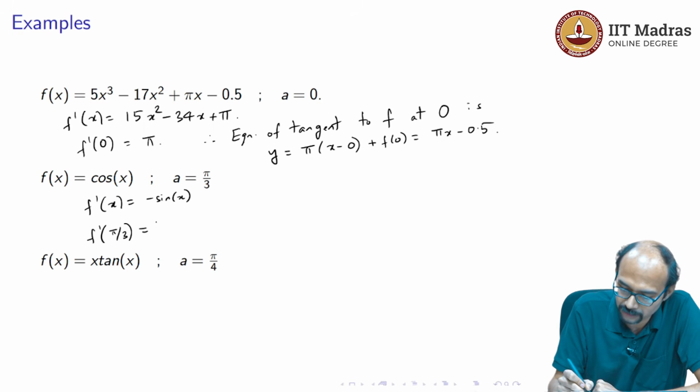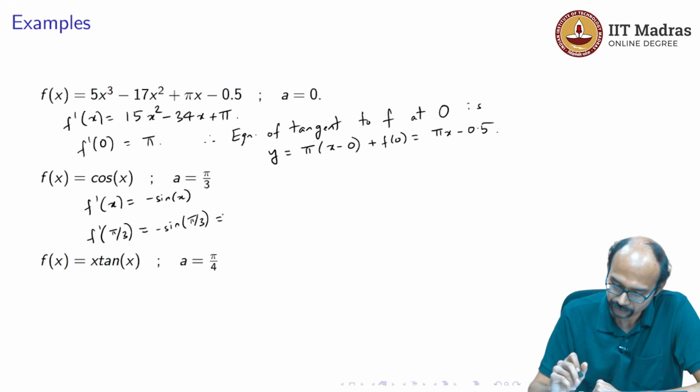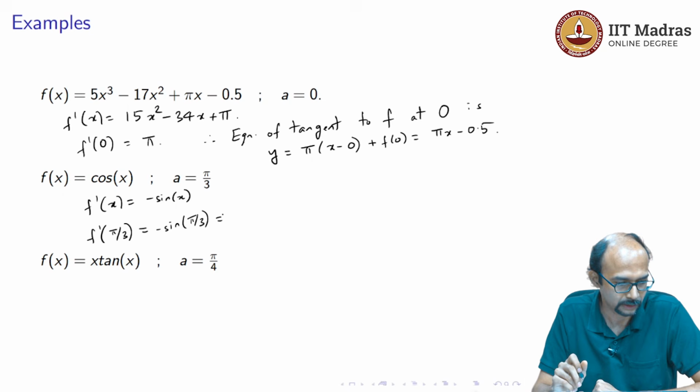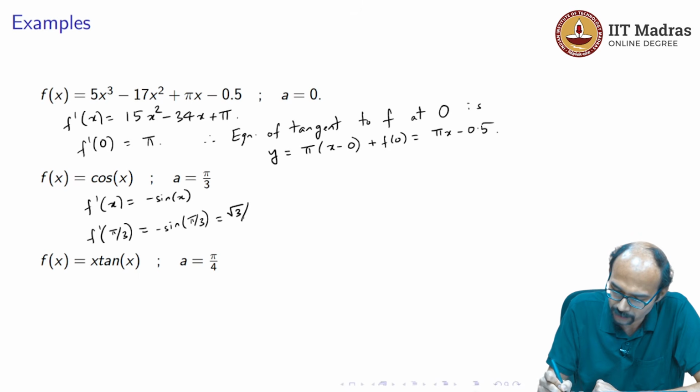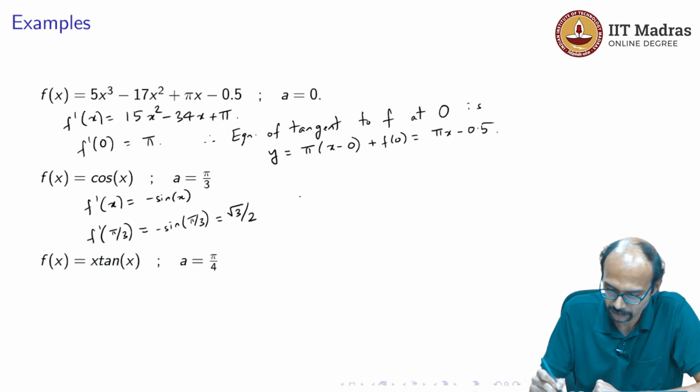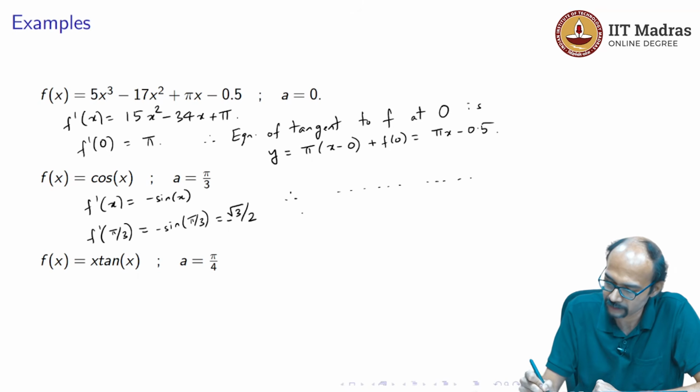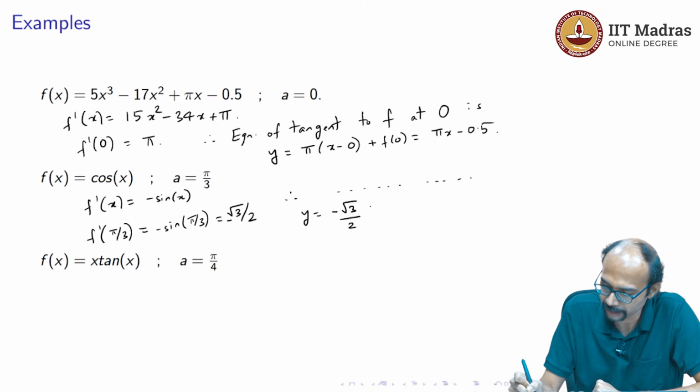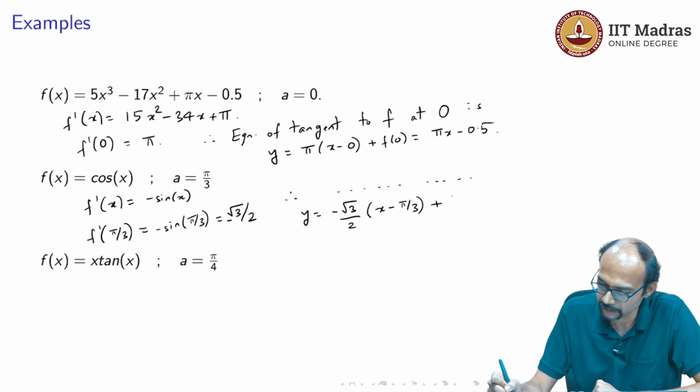So, f prime of pi by 3 is minus sine of pi by 3, which is minus root 3 by 2, and so therefore the equation of the tangent to f at A is y is equal to minus root 3 by 2 times x minus pi by 3 plus f of pi by 3.